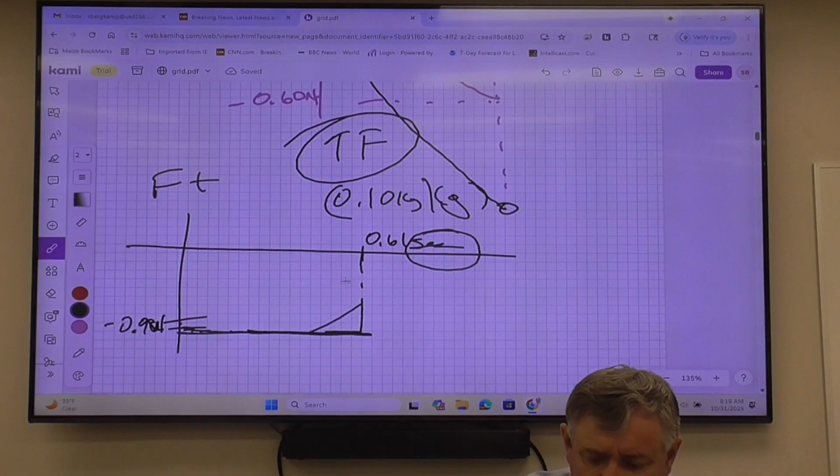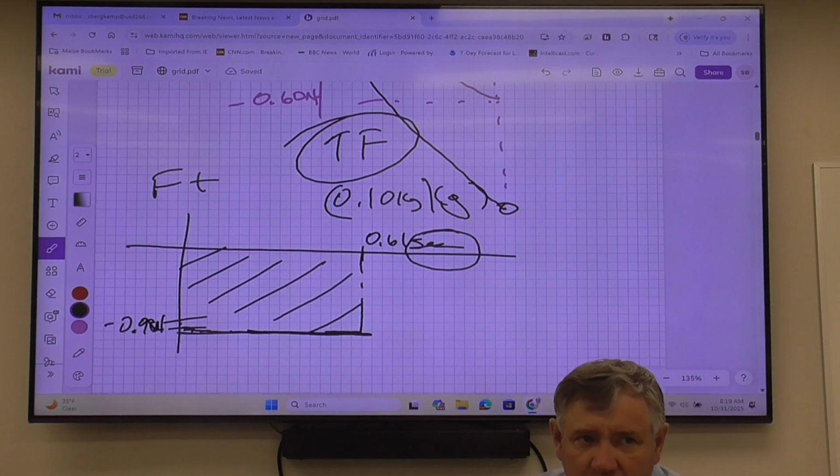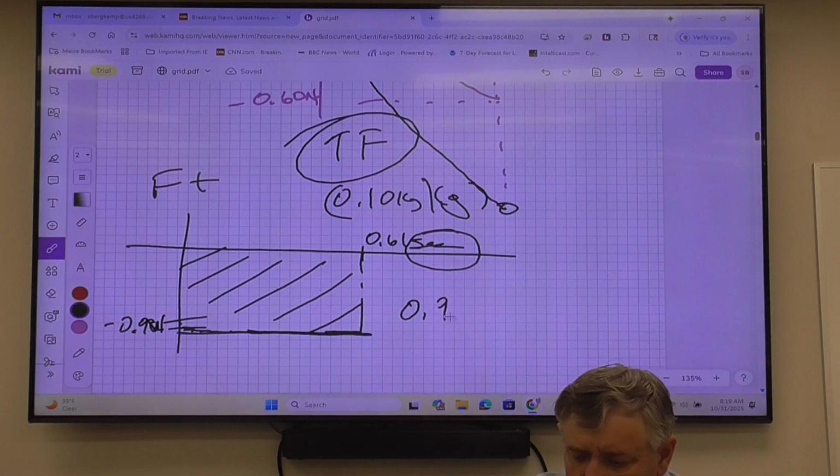So do you think I'm capable of finding that area? Yeah, it's a rectangle, right? So Dylan, do us a favor. Take negative 0.98 newtons and multiply that by 0.61 seconds.